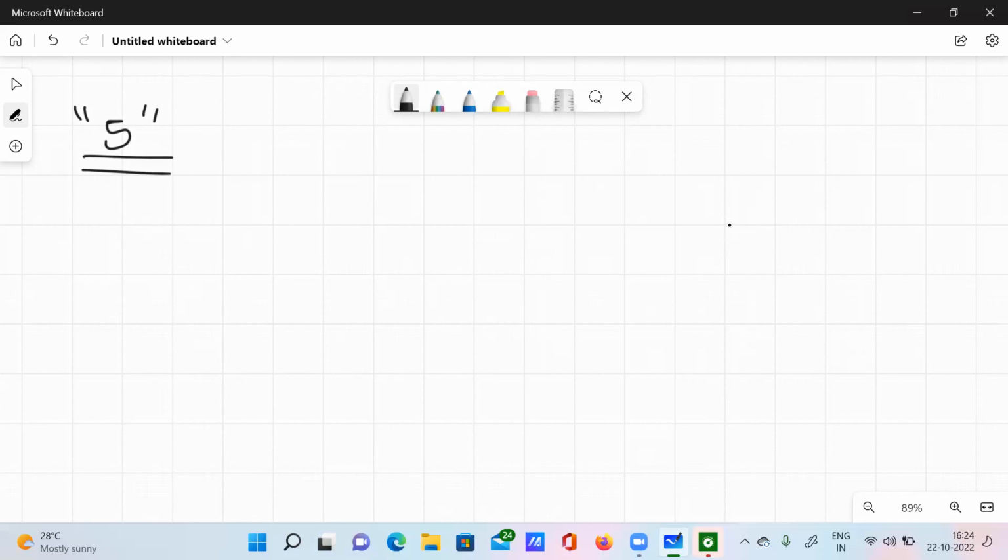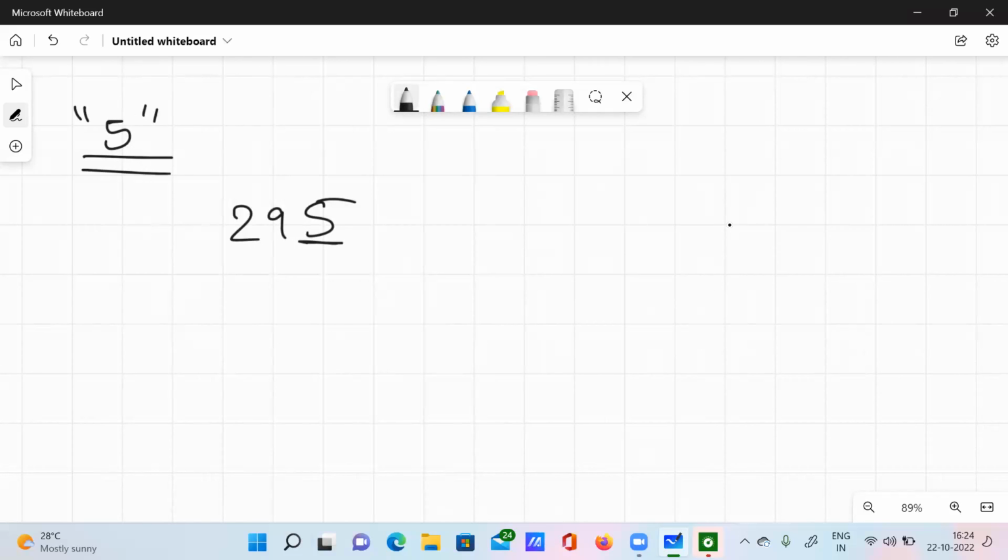If I have some number like 295, I want to know whether this particular number is actually getting divisible by 5 or not. What I can do is simply have a look at the units place, that is the last digit here. What is the last digit here? 5.